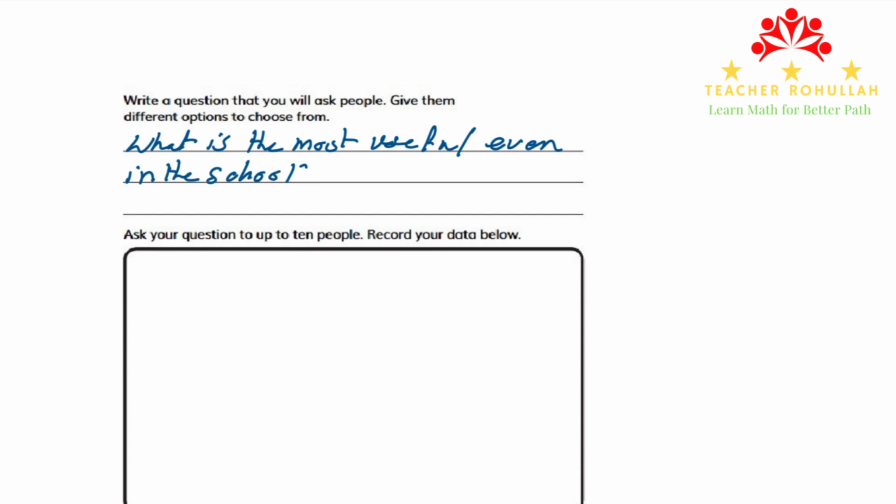This is not the only correct answer. You can ask different questions from the parents or from the students, or you can give different choices. The choices that I give are open day, family feast, and art contest.